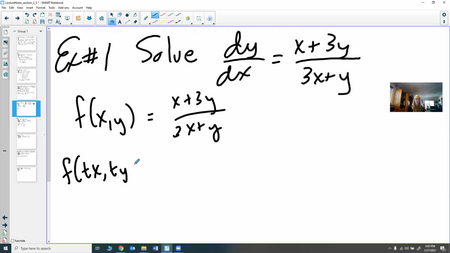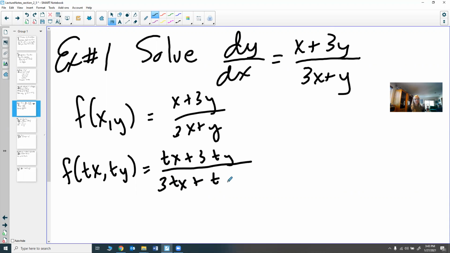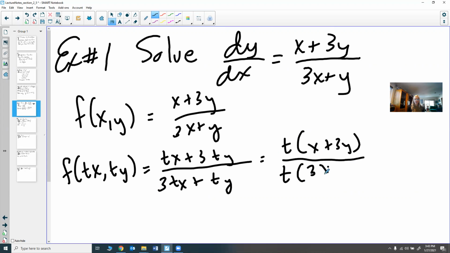Again, the definition of homogeneous means that if I replace my x with tx and my y with ty, I should get back to what I started with, but with a factor of t to a power involved. So we get tx plus 3ty over 3tx plus ty. In the top I can pull a t out and get x plus 3y, and in the bottom I can pull a t out and get 3x plus y.